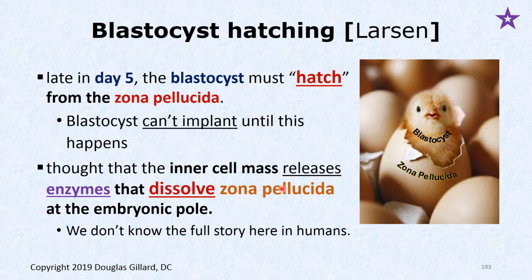It's thought, they're not 100% sure because we don't have humans to study, based on animals, that the inner cell mass releases some enzyme that dissolves the zona pellucida, because this hatching occurs over the inner cell mass.